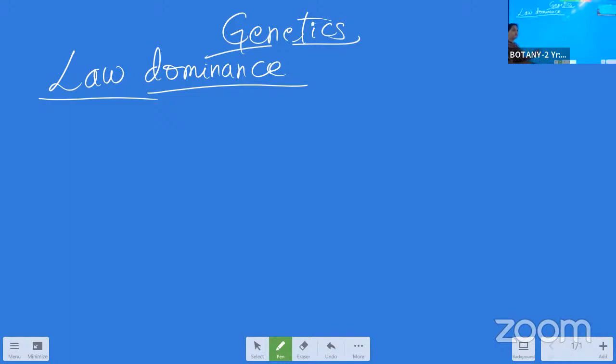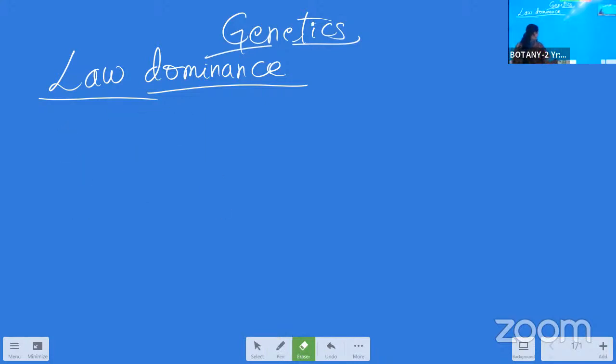In the next generation we can see those recessive characters, because the recessive characters are always expressed in the homozygous condition. So what we have to write: in the heterozygous condition, the dominant allele only exhibits its characters by suppressing the recessive allelic characters, but the recessive allelic characters are present in that organism. That is what we have to write here.